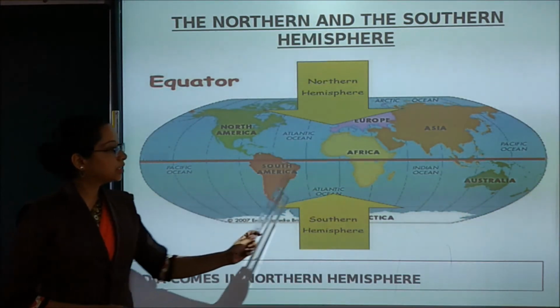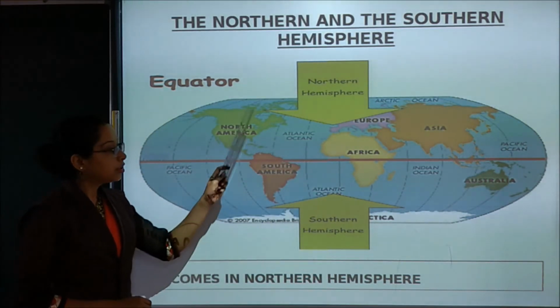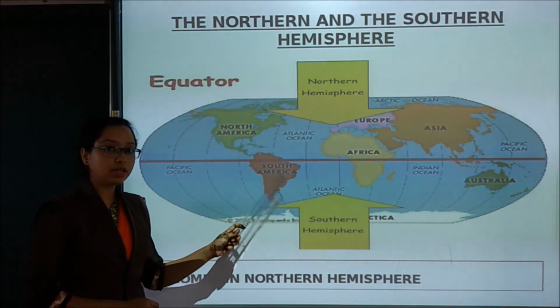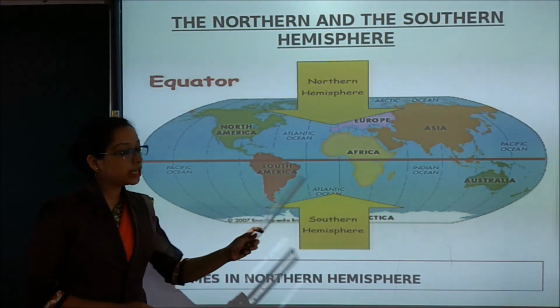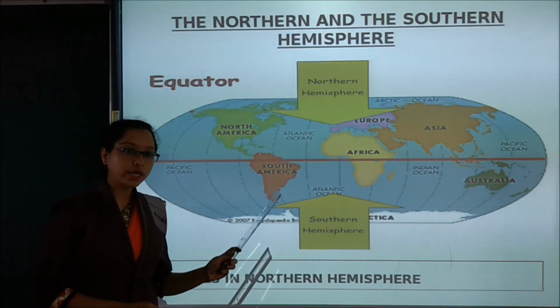So here you can see this line. Now let's see what this line is. Midway between the poles is an imaginary line which is circling the earth, and this line is called the equator.